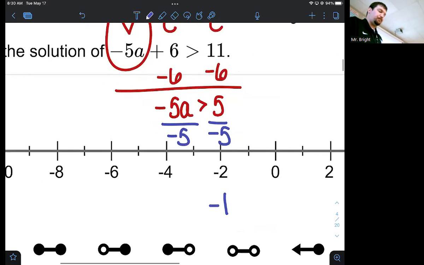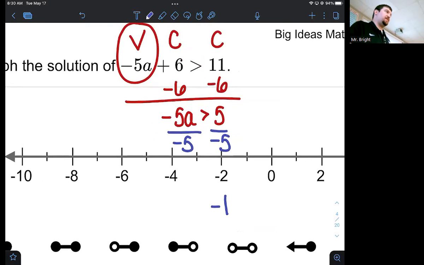Okay. So there's something else we have to do. There is an extra step that you sometimes have to do with an inequality that you don't ever have to do with an equation. And it comes down to this last step where you're multiplying or dividing by a negative number. Do you remember this extra step you have to do in an inequality?